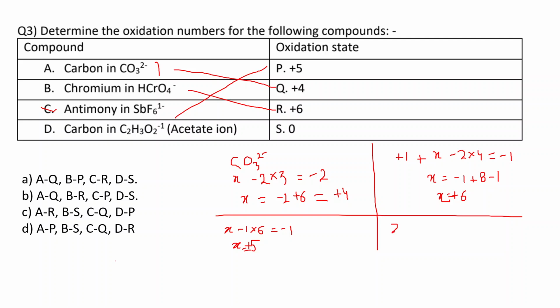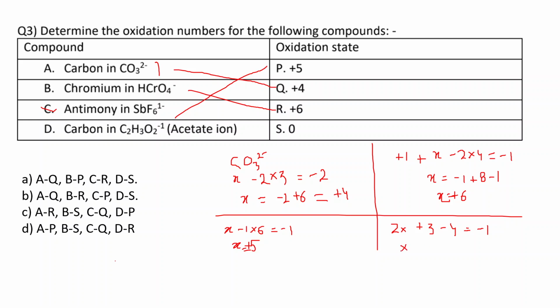And we have to calculate for carbon, right? So 2 into X plus 3 into 1 for H, and minus 2 into -2, so 4, which is equal to overall what? -1.